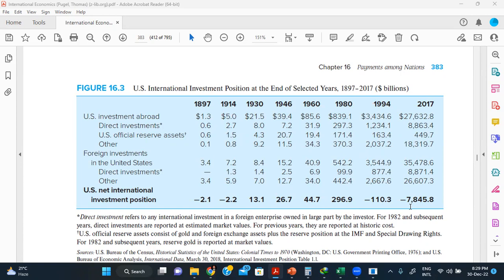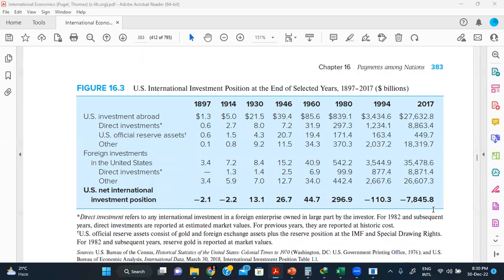US investment in foreign countries relative to the foreigners' investment in the US decreased by $7.8 trillion. Okay, so very dynamic. During some years it was a net debtor, then it was in a net creditor position, and right now it is in a net debtor position.